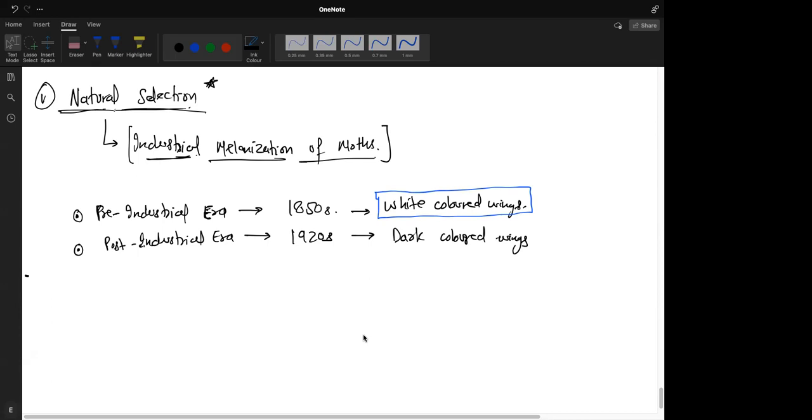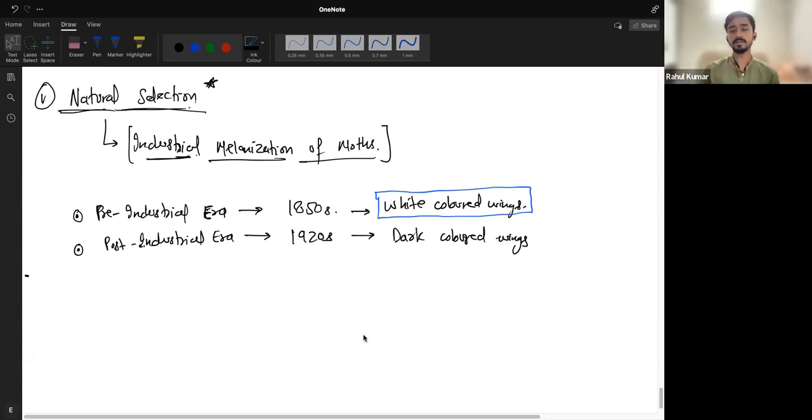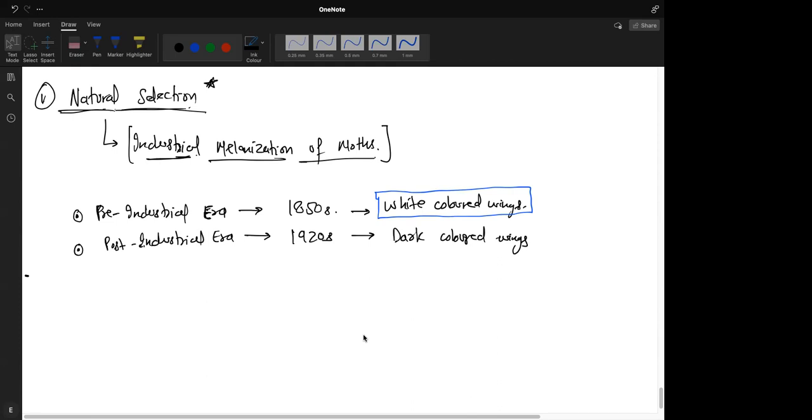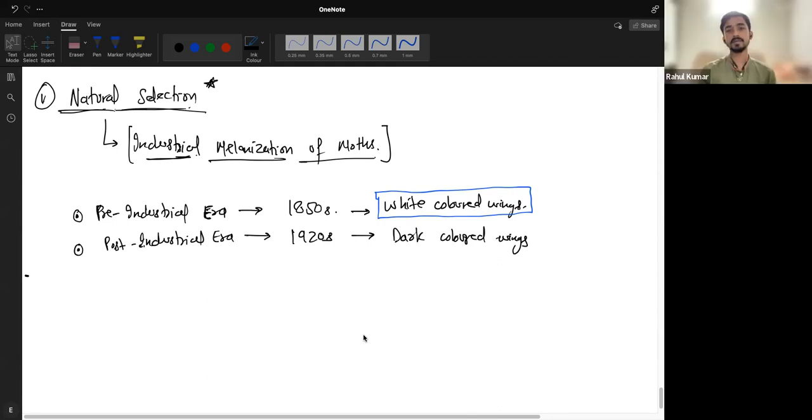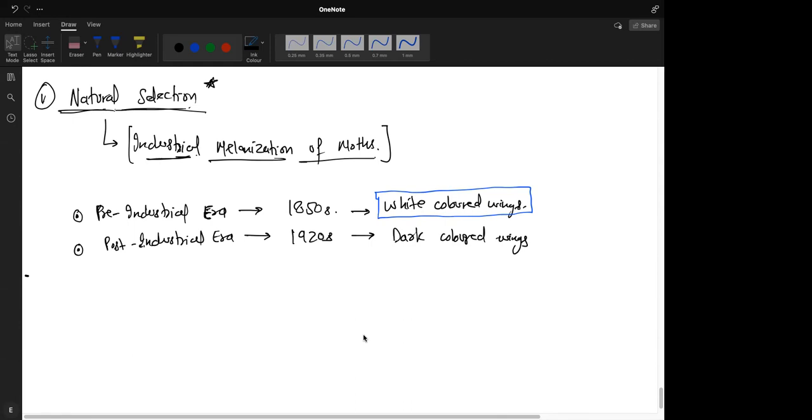Yeah. So before industrialization, the tree barks used to be light in color. Now, none of you asked why all the tree barks were light in color? Because pollution was less. Yes, that's one. And when pollution is less, the tree barks were not dark colored, they were rather light in color.